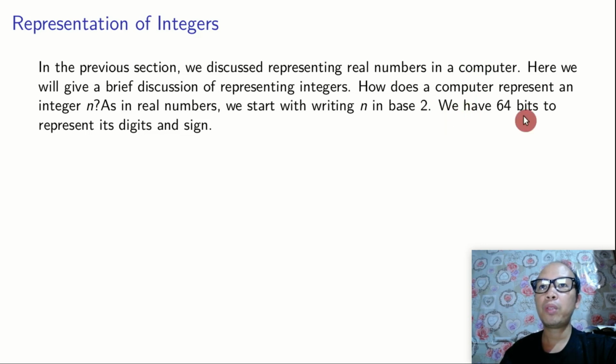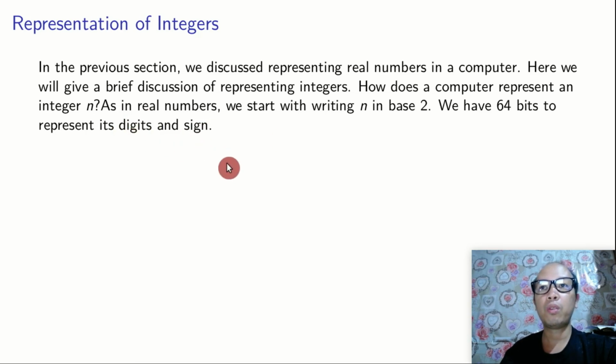Here, as you remember, if you have a 64-bit or a 32-bit system, then in the previous discussion, we allotted 1 bit for the sign, and that's what we call the sign bit, and the 63 bits are for the digits.